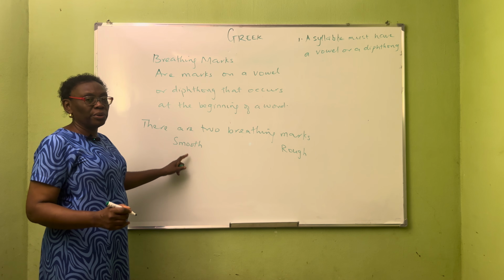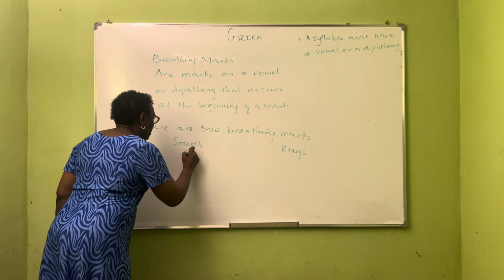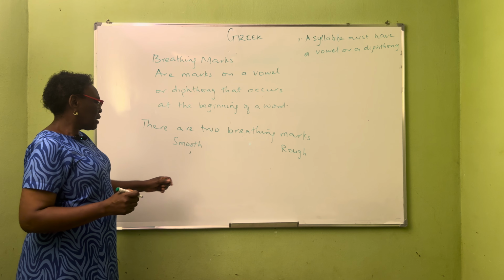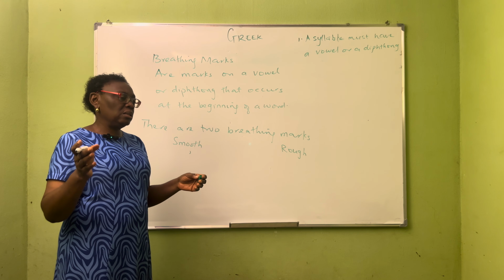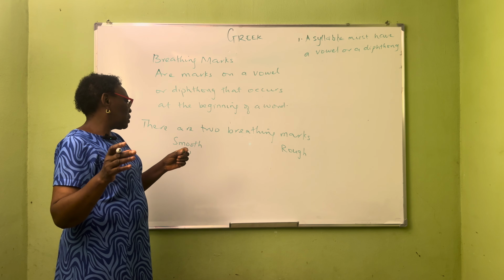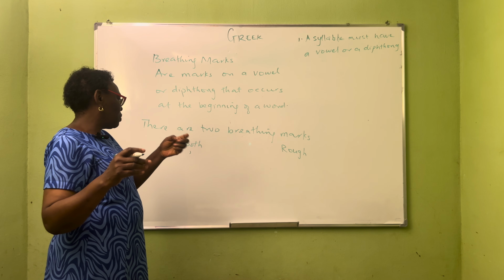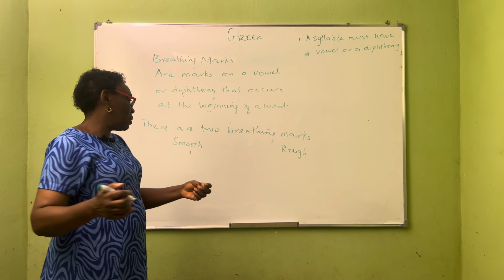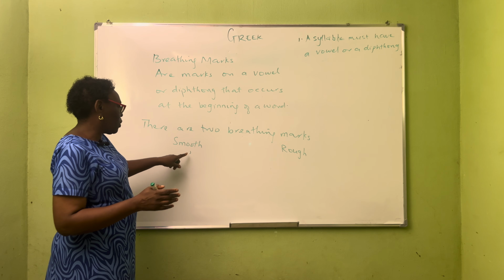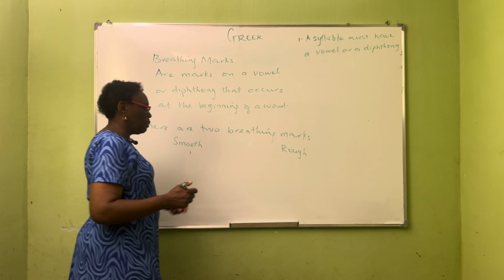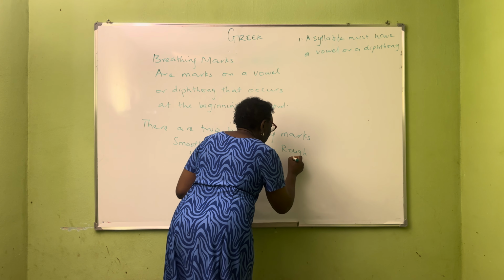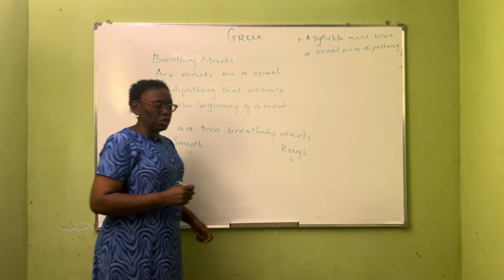How does a smooth breathing mark look? It looks like this, as if you are closing a single quotation mark, an apostrophe. That's a smooth breathing mark. A rough breathing mark is as if you are opening a quotation mark.